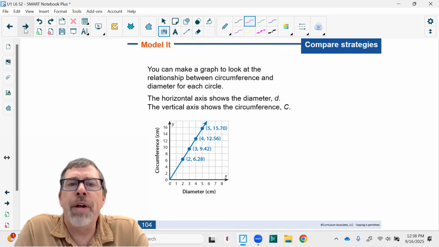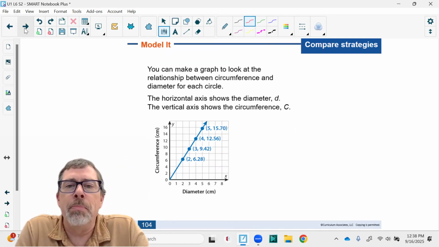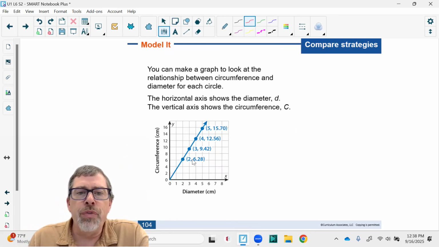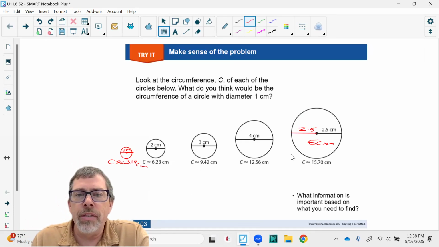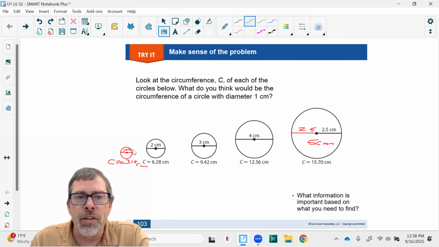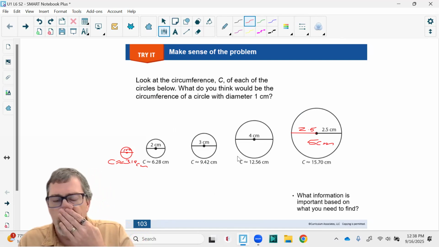It says you make a graph to look at the relationships between circumference and the diameter for each circle. So these 4 dots came from these 4 circles here, where 2 is your diameter and C is your 6.28. X is our diameters and the Y axis is the circumference in centimeters of these 4 circles, not the little one that we drew.